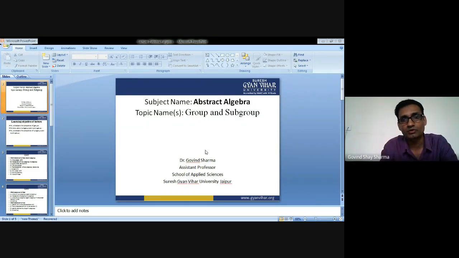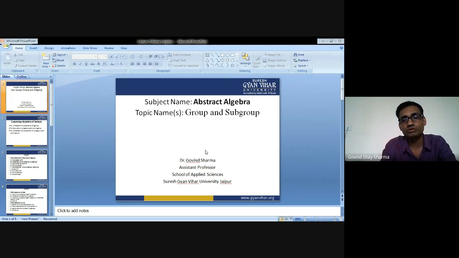If A belongs to H and B belongs to H, and H is a subgroup of G, then AB belongs to H, and this converse is also true. So this is the if and only if condition, a necessary and sufficient condition. And the second is, if A belongs to H and B inverse belongs to H, so AB inverse belongs to H.